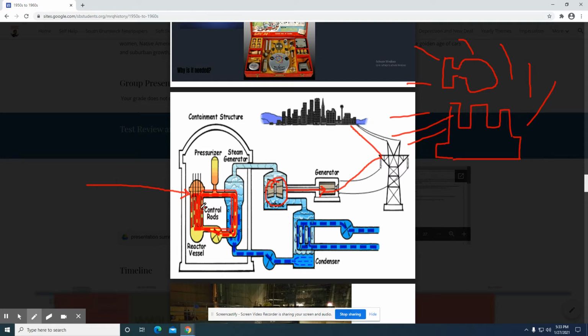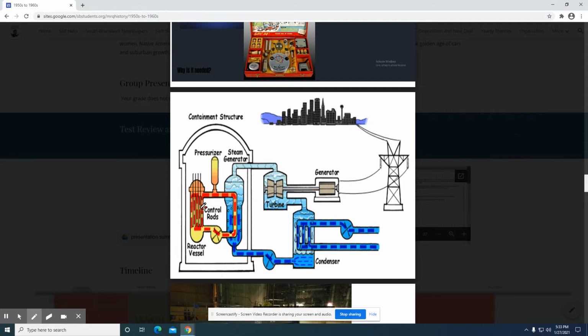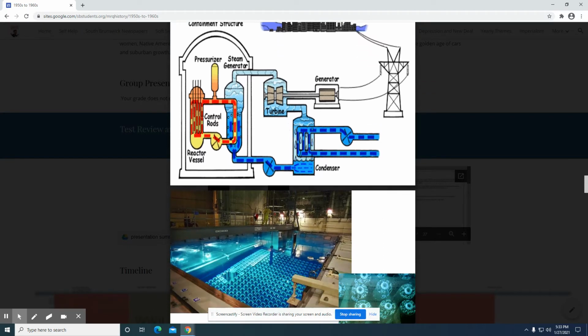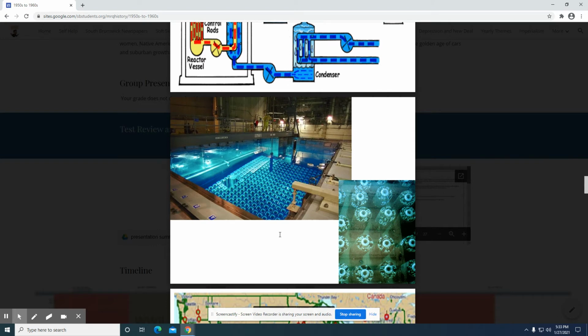So the reason why I have to bring that up is this is more of a history look at atomic energy. And one of the things you can take note of here is that the rods, this issue right here, is what is going to lead to some nuclear disasters. So when I bring up the rods, let's give you an idea of what those rods look like.